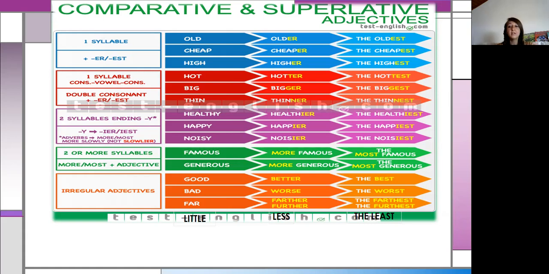And these are irregular adjectives. Good, better, the best. Bad, worse, the worst. Far, farther, the farthest, or far, further, the furthest. Little, less, the least.